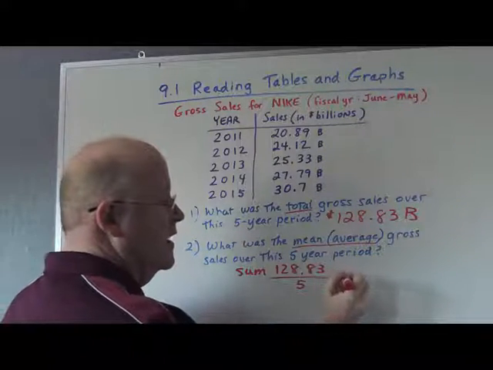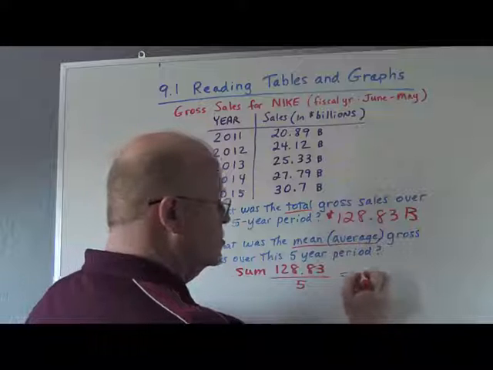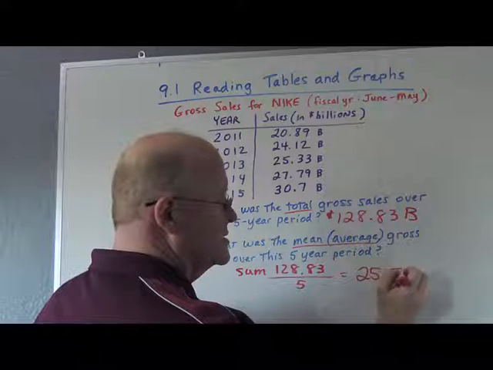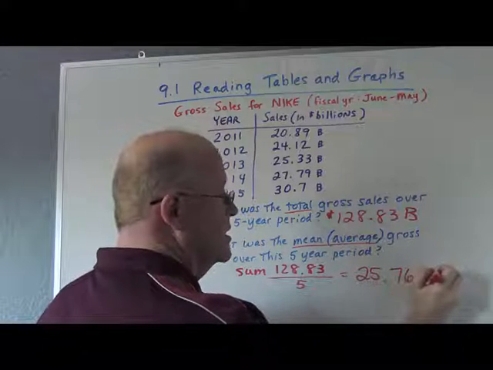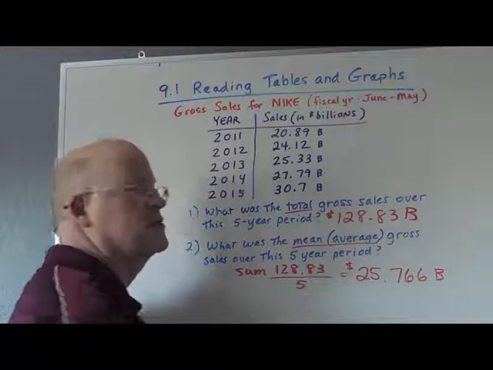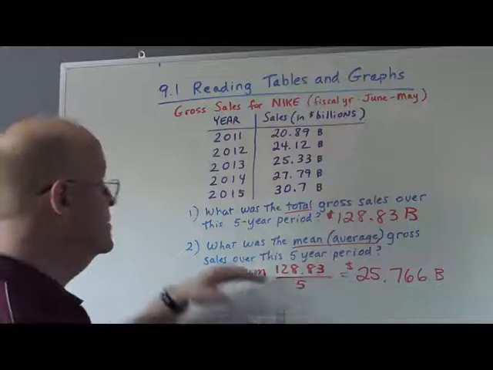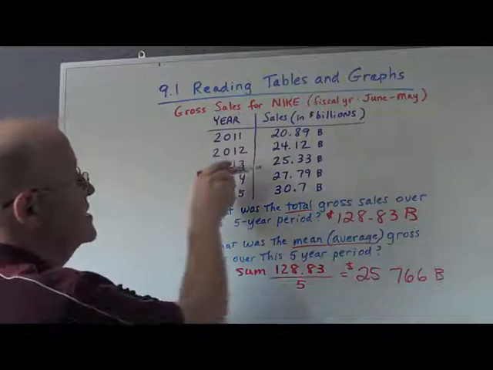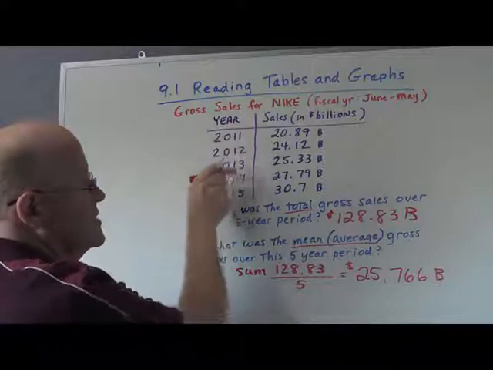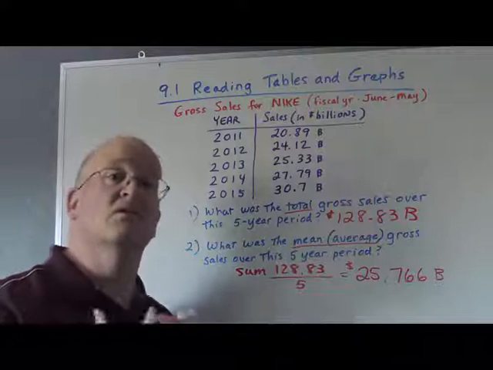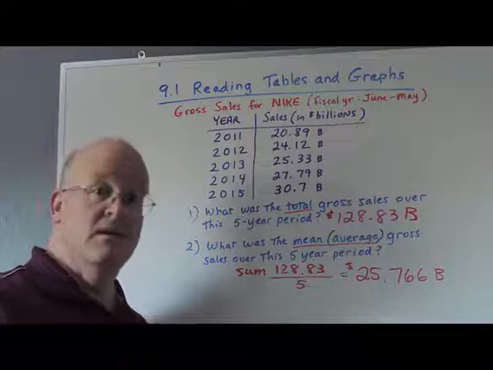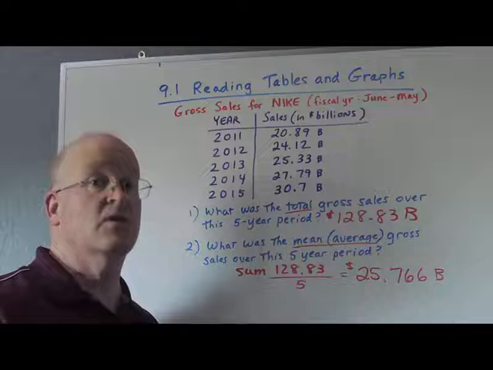When you divide that, you're going to find that you get $25.766 billion as the mean gross sales. Now, does 25.766 seem to be right in the center of this data set? Yes, it does. So that is another way of verifying that your answer is pretty much in the right ballpark.